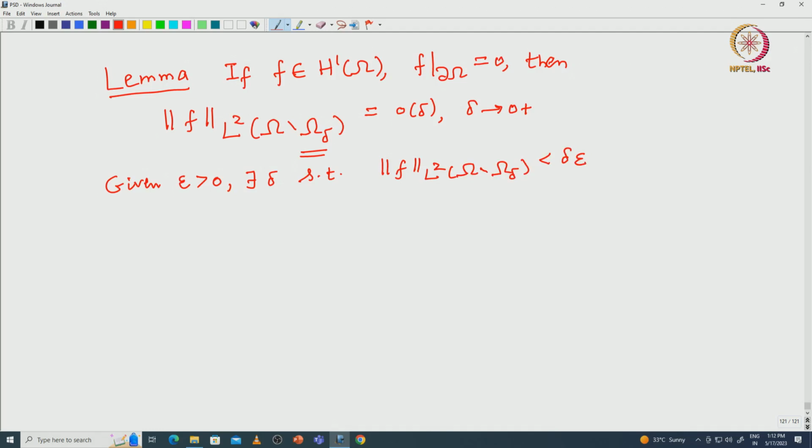So, after dividing by delta it goes to 0. This is the meaning of that.